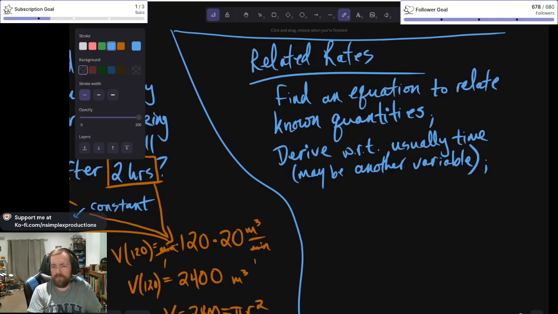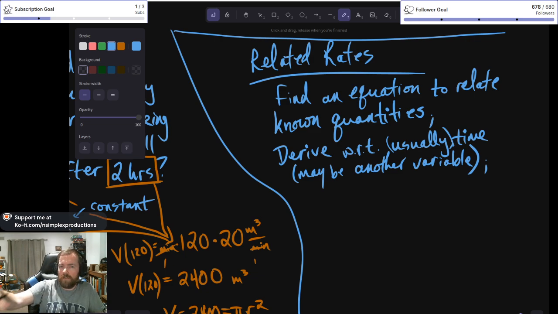It may be another variable, but almost always it's going to be with respect to time because we're talking about a particular rate.